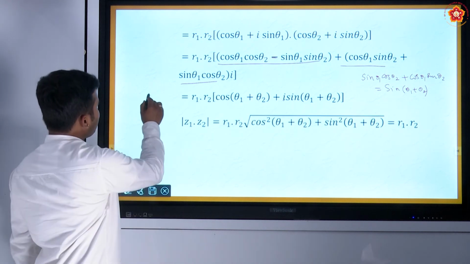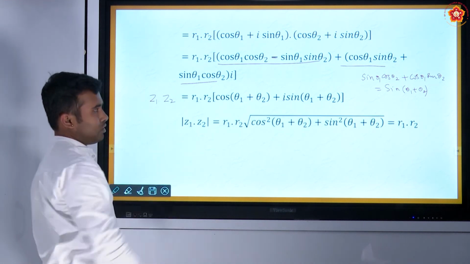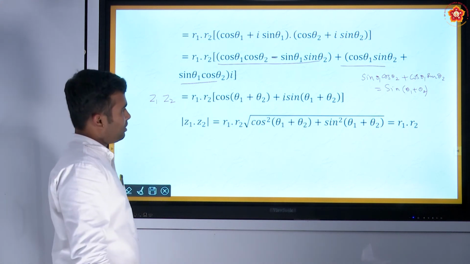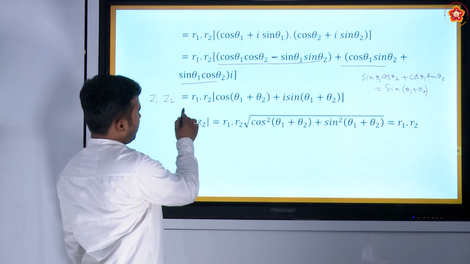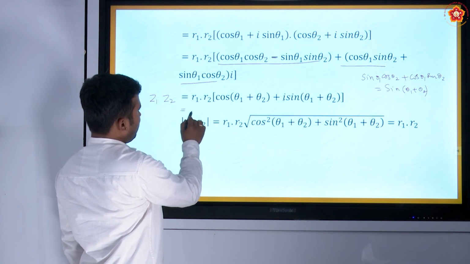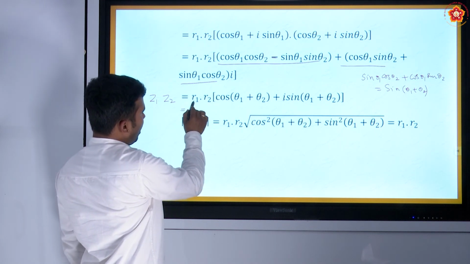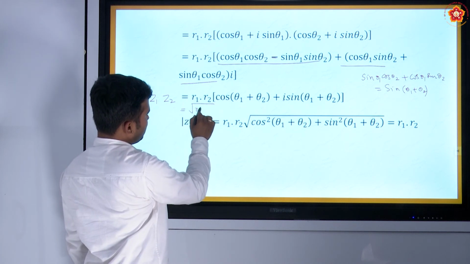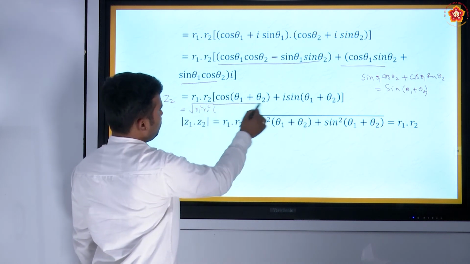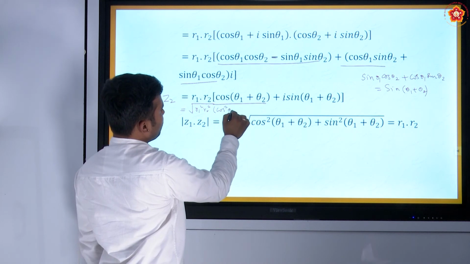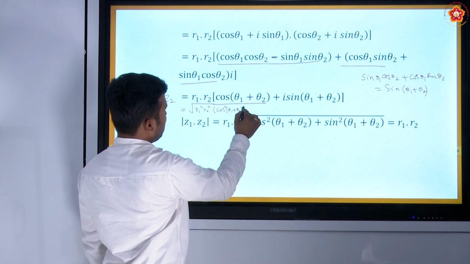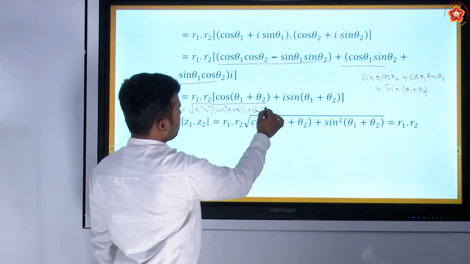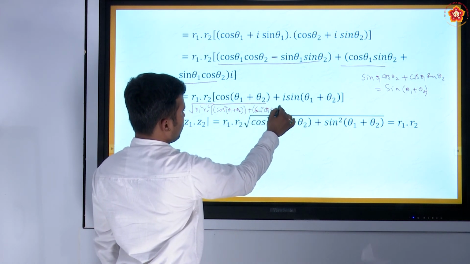Yeah, this is Z1 into Z2, the product. Now for this we have to take the modulus. If you take the modulus, this will be equal to the square root of R1 square into R2 square into cos square of theta 1 plus theta 2 plus sin square of theta 1 plus theta 2.